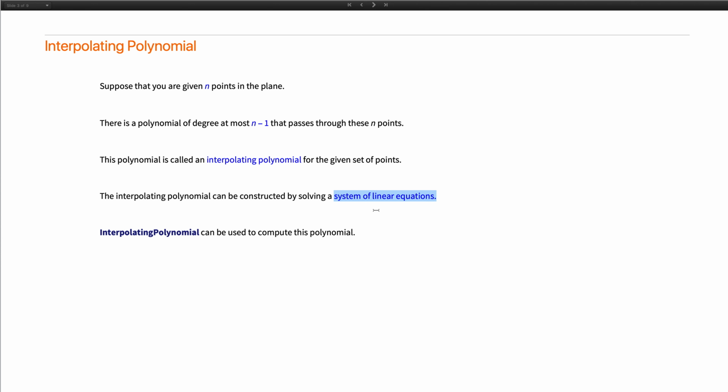So although you have a nonlinear problem, you actually have a linear problem sitting below it, that's the solving of a system of linear equations. And fortunately, we have a very nice function called InterpolatingPolynomial, which can be used to compute this polynomial. So I'll take a few examples of actually solving the system, and then we'll use the built-in function straight away.